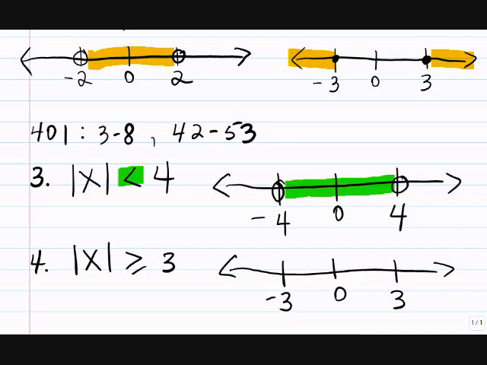Do I get open or closed circles over them? There's a line under the greater than sign, so those are closed. Am I shading in between like I did on the previous problem, or the outsides? Here we go. Outsides.